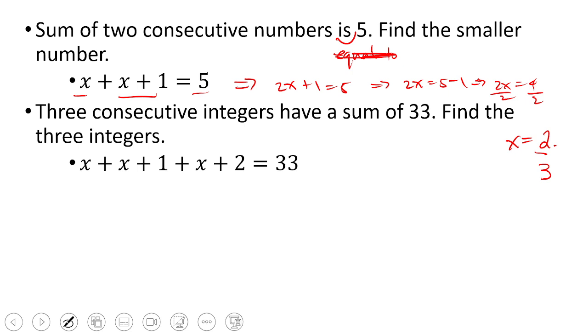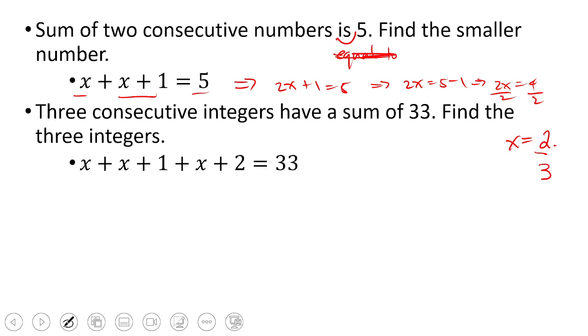Let's have our next example. Three consecutive integers have a sum of 33. So find the three integers. Since we have three consecutive integers and their sum is equal to 33, we write that as x plus x plus 1 plus x plus 2, and then this is equal to 33.